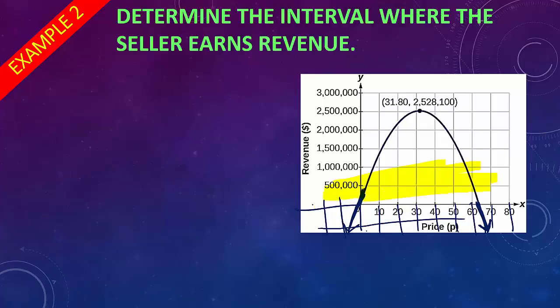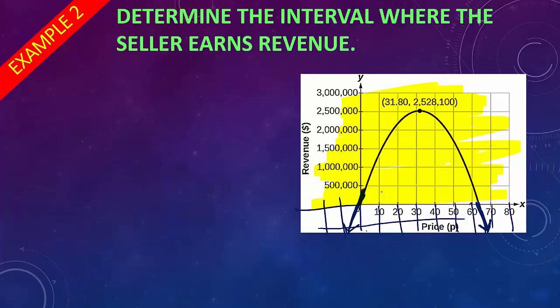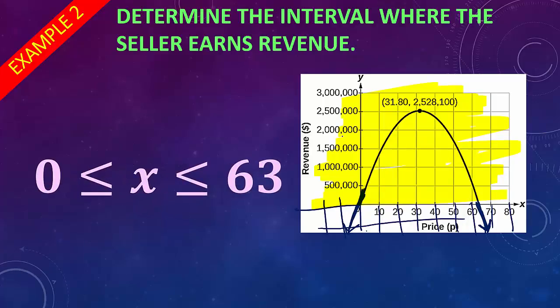So anything in this area would be where my graph is in positive numbers. All right, so it's earning revenue anywhere where my graph is in positive numbers. And actually, technically I should get rid of that underneath spot. So let me try and find a color that kind of matches the background there.